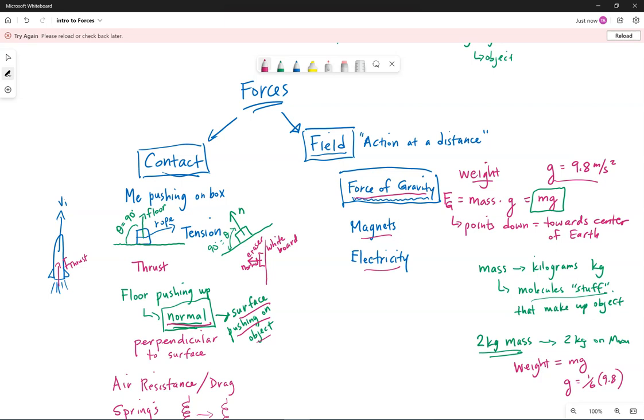When it comes to analyzing motion, we will need to be able to account for all the forces acting on an object. And so we're going to go through how to look for those forces, how to represent those forces in what we call a free body diagram. And then we'll build on that to write equations that will allow us to relate forces to acceleration and in turn the motion of the objects.